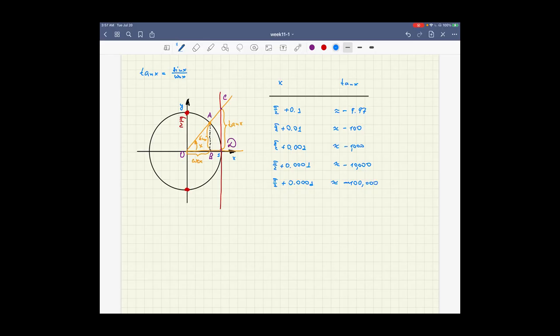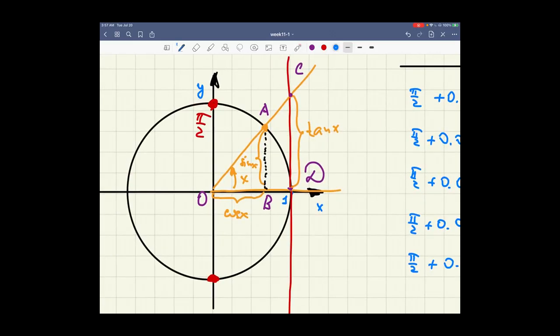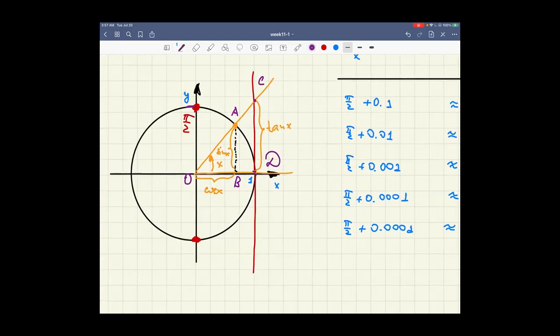And again, it should be clear why. All these numbers are greater than pi over 2, but very close to pi over 2. So we're talking about points here on the unit circle. For any point here, sine is close to 1.